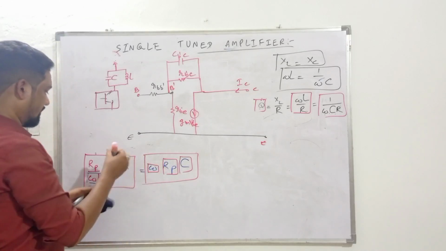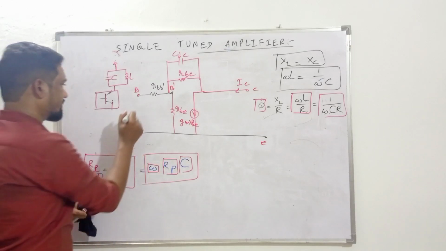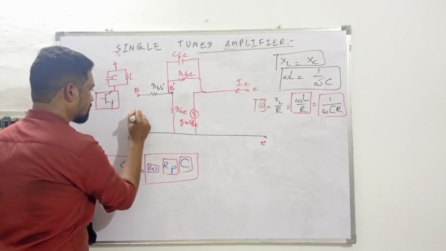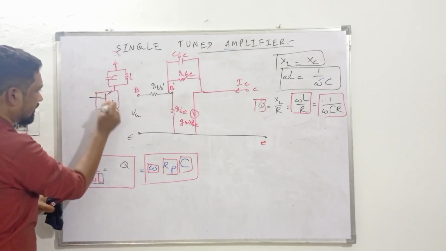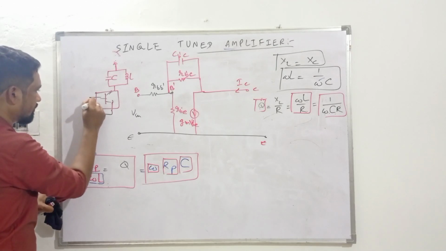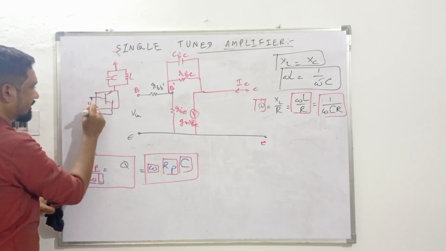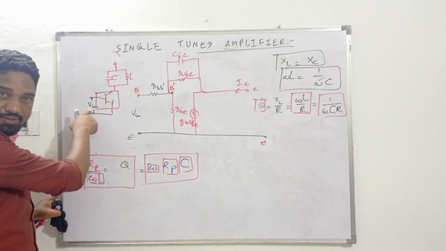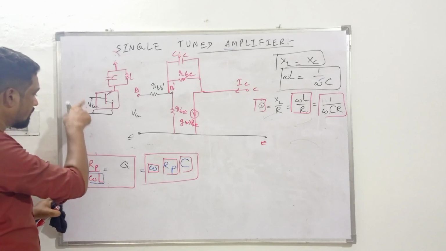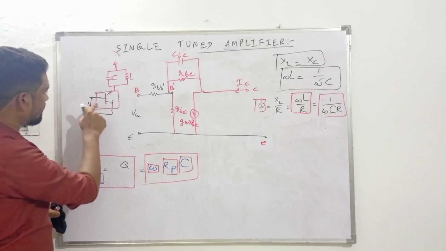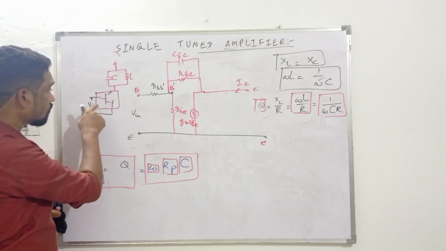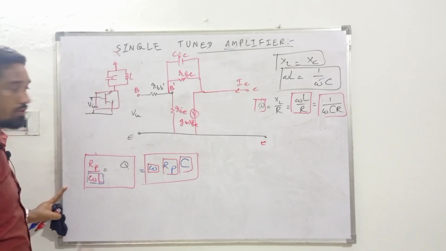And here, guys, this is the V in to the transistor, between base and emitter. This is not the external voltage, not the source.